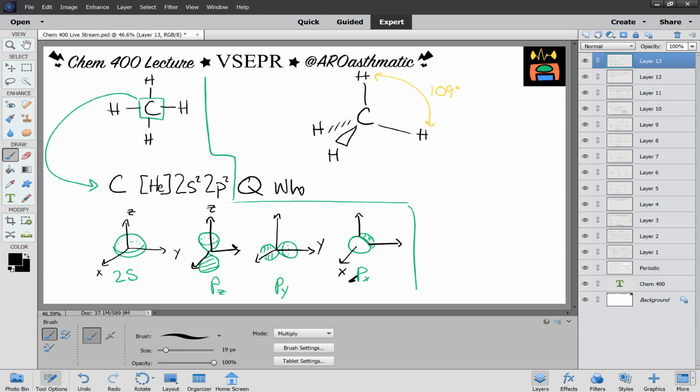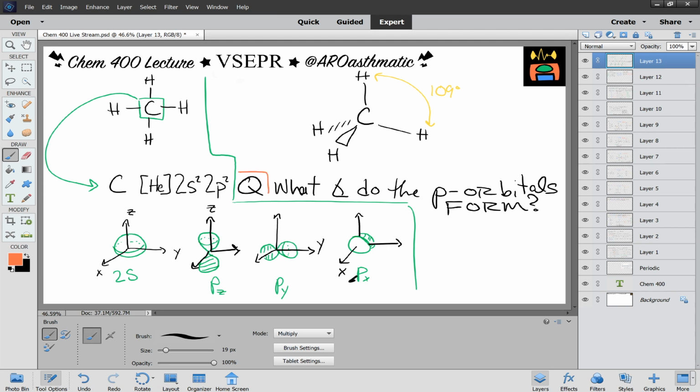What angle do the p orbitals form? All right, if carbon's electrons are being held in its s orbital and its p orbitals, what possible angles do those form?